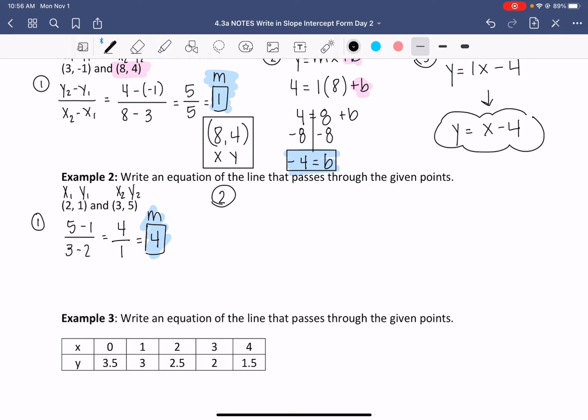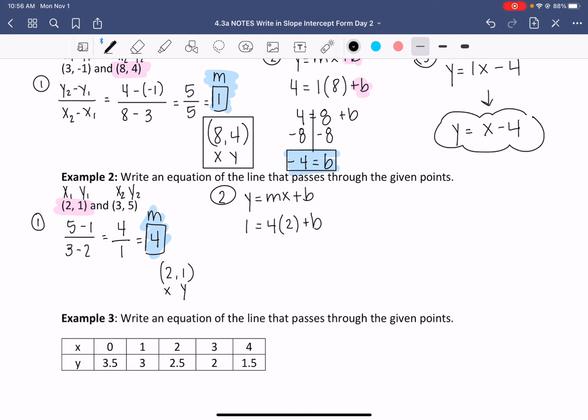Step 2 is to plug everything we know into y equals mx plus b. I'm going to choose probably (2, 1). So our y value for (2, 1) is 1. Our slope is 4, x, which is 2, plus b.